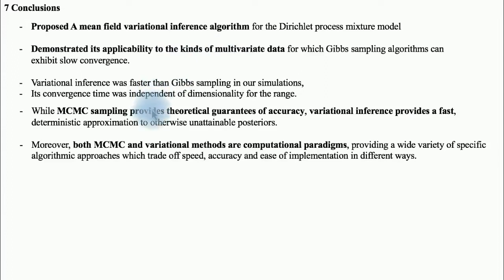Variational inference was faster than Gibbs sampling in their simulation, and its convergence time was independent of dimensionality for the range which they tested. Both variational and MCMC methods have strengths and weaknesses, and it's unlikely that one methodology will dominate the other in general.